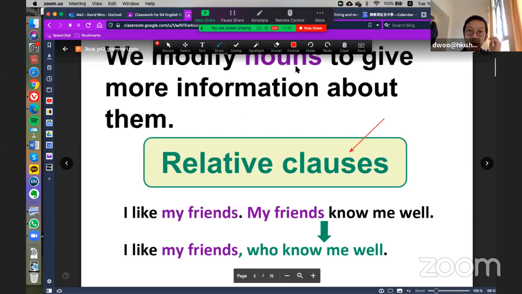So if we take a look at this sentence here, I like my friends who know me well. There are 2 clauses, 1 sentence. You see 1 full stop, 1 capital letter. However, you also see 2 subjects, 2 verbs. So there are 2 clauses, 1 sentence.